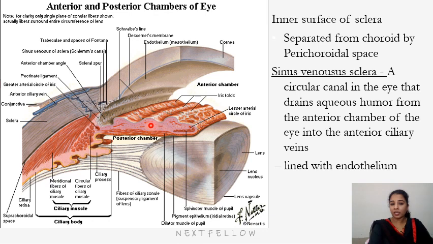The iris divides the space in front of the lens into the anterior chamber in front of the iris and the posterior chamber behind the iris. Both chambers contain aqueous humor, a thin transparent fluid, and the canal of Schlemm is lined by a thin layer of endothelium.